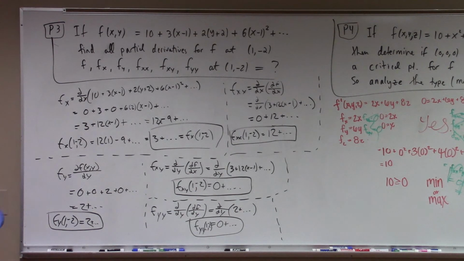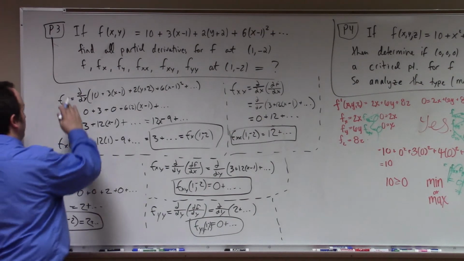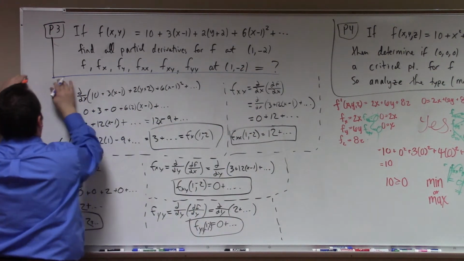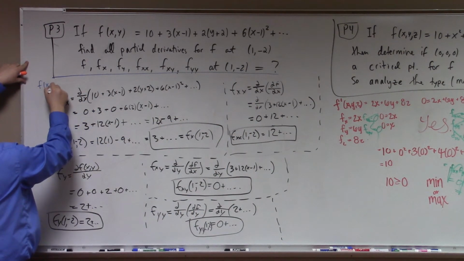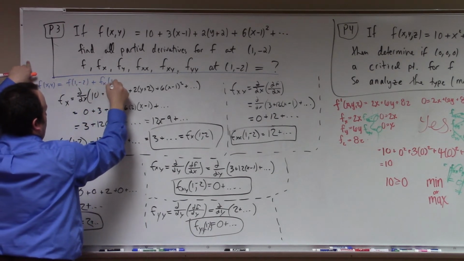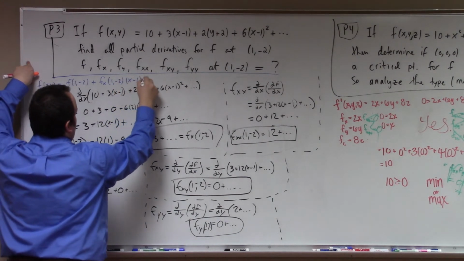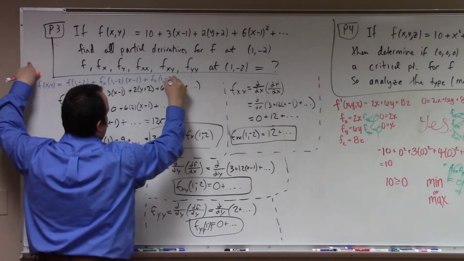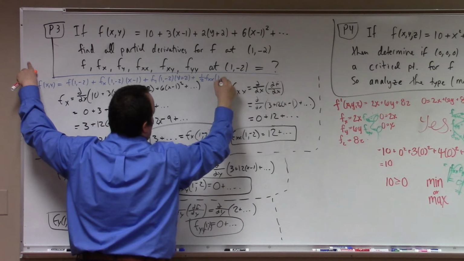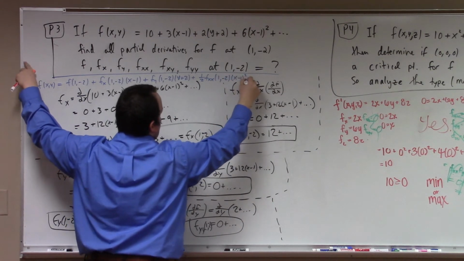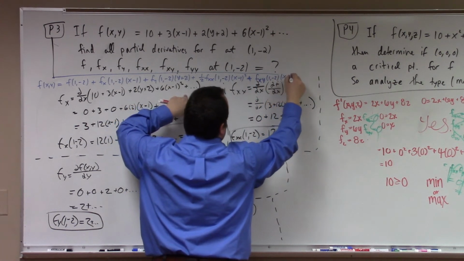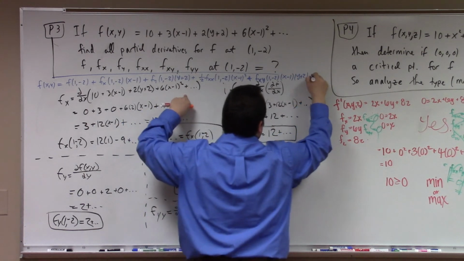So the point here is what we should have in mind, I'll just squeeze it in up here, is that f of x, y is equal to f of 1 comma minus 2 plus f sub x at 1 comma minus 2 times x minus 1 plus f sub y at 1 comma minus 2 times y plus 2 plus 1/2 fxx at 1 comma minus 2 times x minus 1 squared plus the mixed derivative fxy at 1, minus 2 times x minus 1 times y plus 2, and so forth.